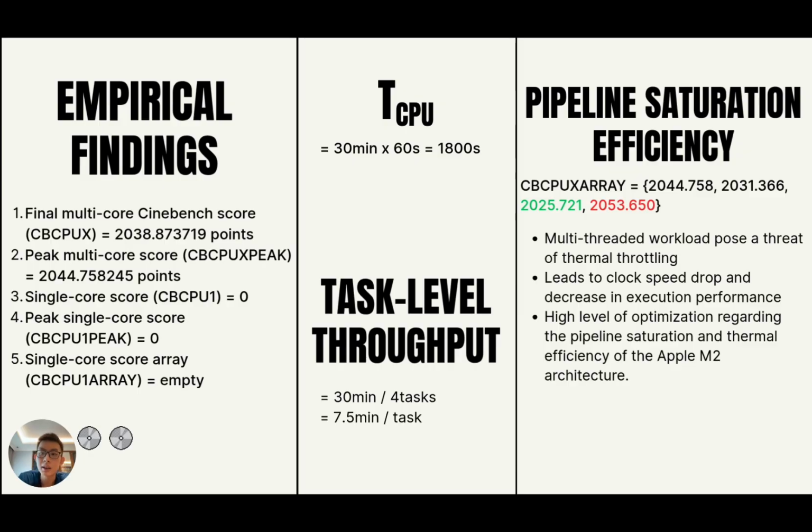Then the task level throughput, which is the time taken to finish each of the tasks, is about 30 minutes divided by 4 tasks, which is 7.5 minutes per task. Then moving on, I'll be talking about the pipeline saturation efficiency. So before we do that, let's see the CB CPU X array, which is the multi-core score array.